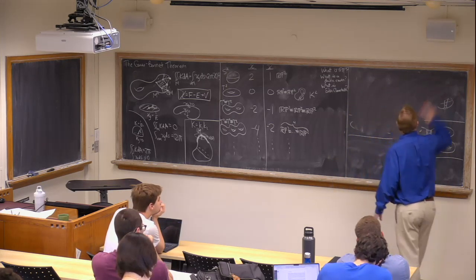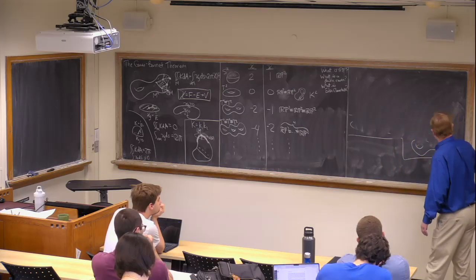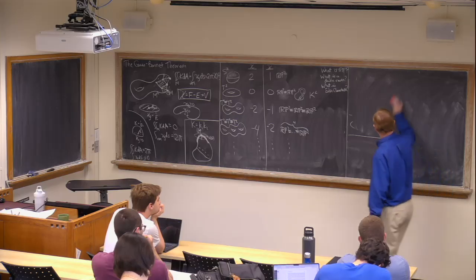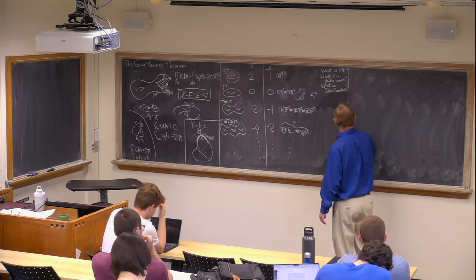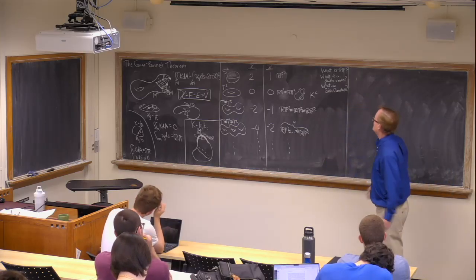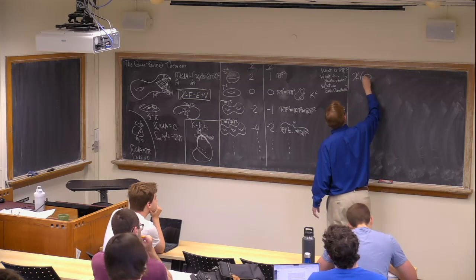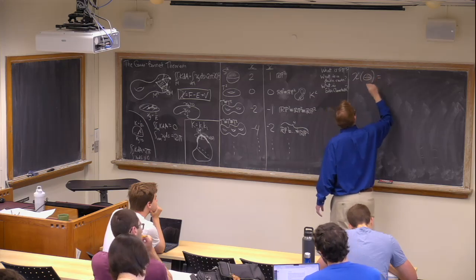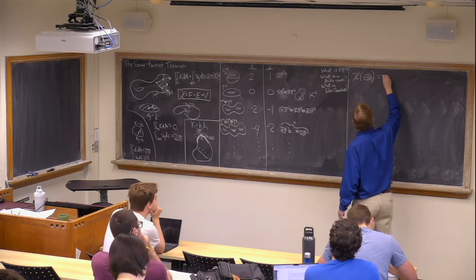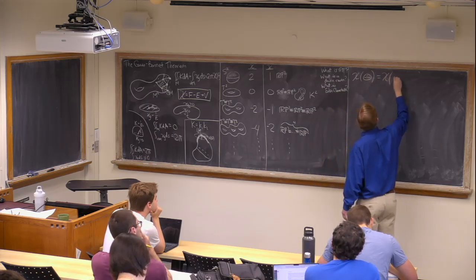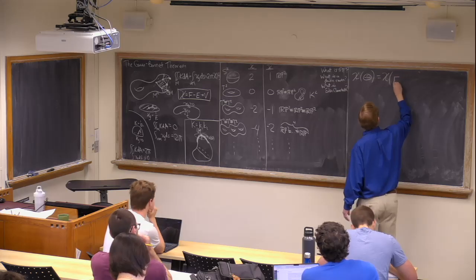And my board work's not perfect here. Apologize. But let's start by computing the Euler characteristic of some of the easier surfaces. Let's start with this sphere, right? So what is the Euler characteristic of a sphere? Well, what you do is you triangulate it. So for example, this is the same thing as the Euler characteristic of, for example, a cube.